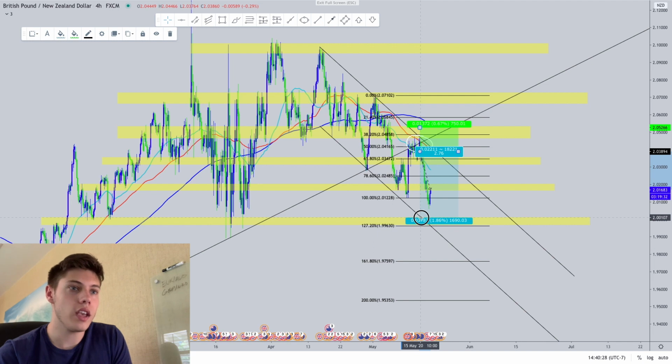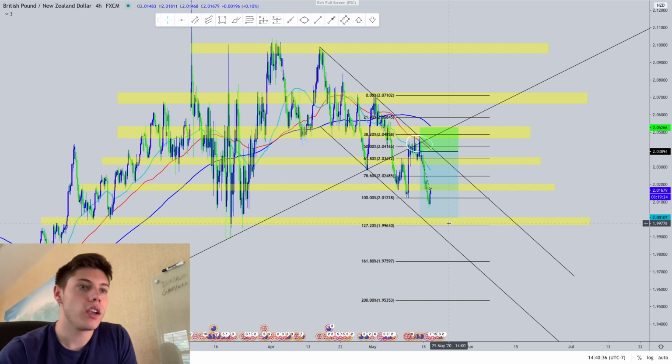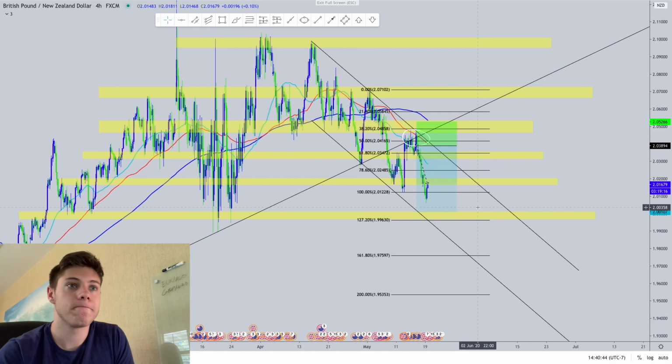And then my final take profit was right here, because this is a strong level of support. Price is more likely to stall out there, and so that's where we want to get out.